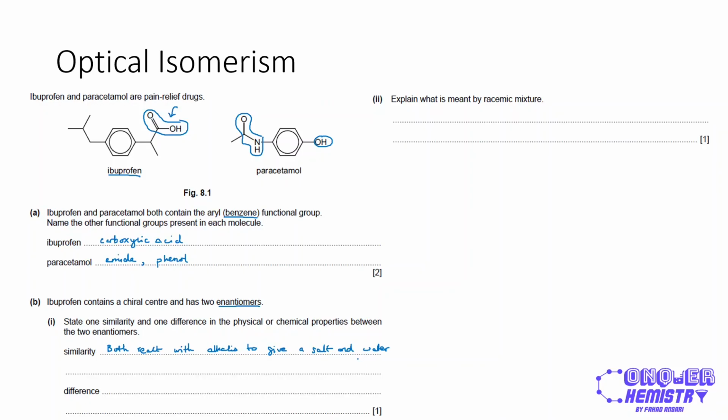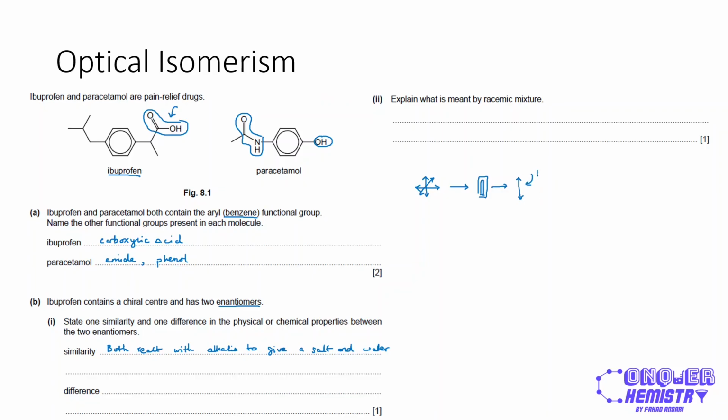The difference between two enantiomers or optical isomers is that they rotate plane polarized light in different directions, right? So basically, we say that EM radiation exists in multiple planes, planes of oscillations. But if you pass it through a polarizing filter, such as this vertical slit over here, then you're going to get light that oscillates in only one direction.